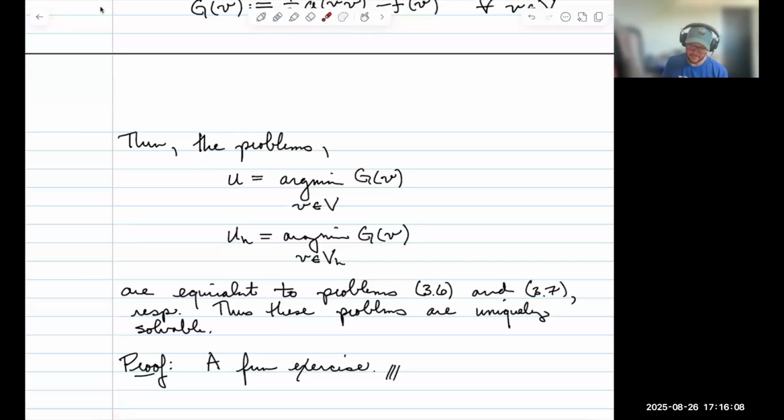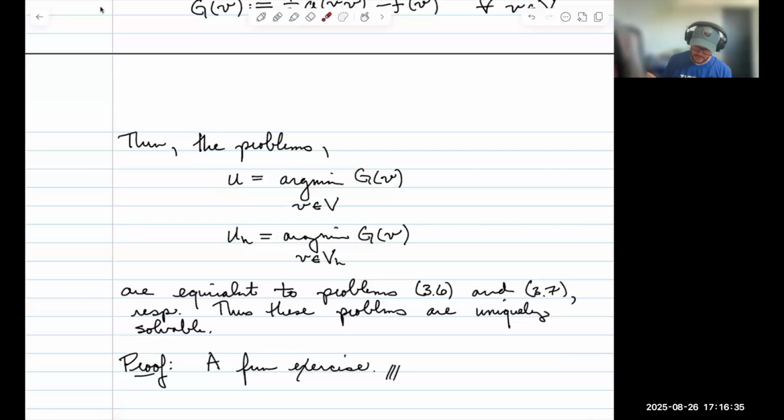So now, if we know that the solution sets are the same, and we know furthermore that these have unique solutions, then that means that these two problems here and here also have unique solutions.